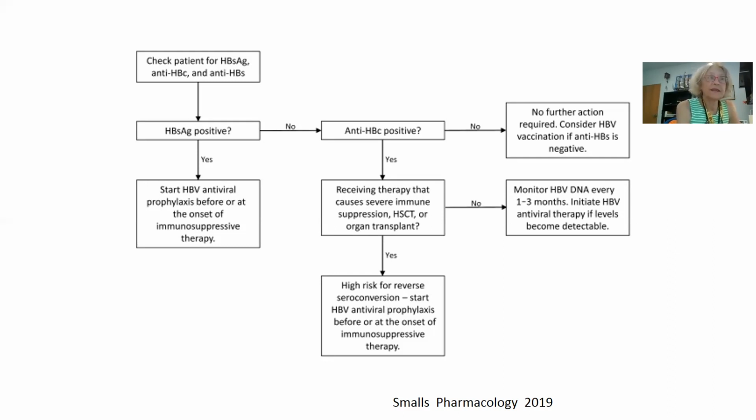If they're surface antigen negative, but core positive, that means they had an infection in the past and there's still latent virus in their liver and they could reactivate. If they're receiving heavy immune suppression like rituximab or a bone marrow transplant or an organ transplant, you're probably going to want to start prophylaxis now.